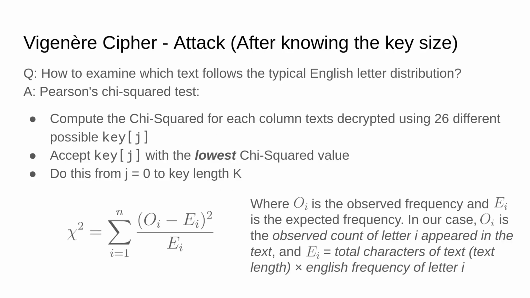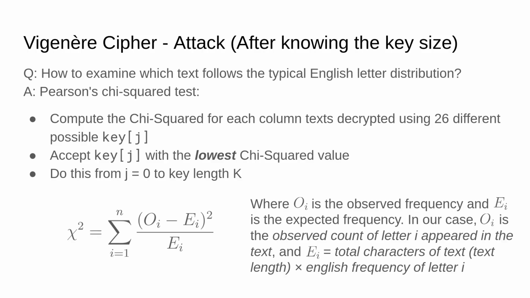Okay, so to measure this, we use a pretty famous test called Pearson's chi-square test. Has anybody heard of the chi-square test before? It'll probably be taught in Statistics 101 classes, right?